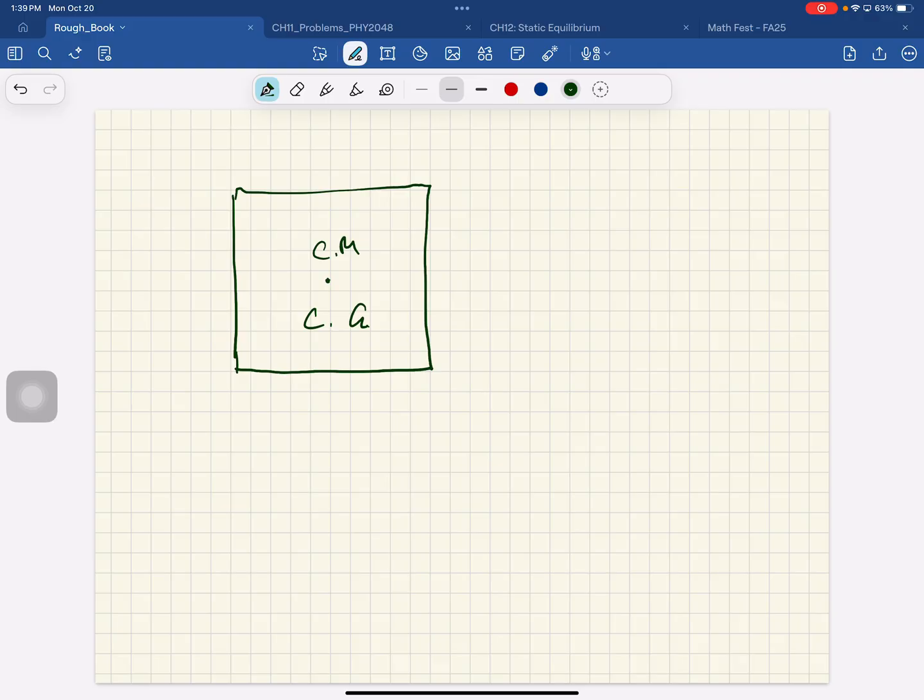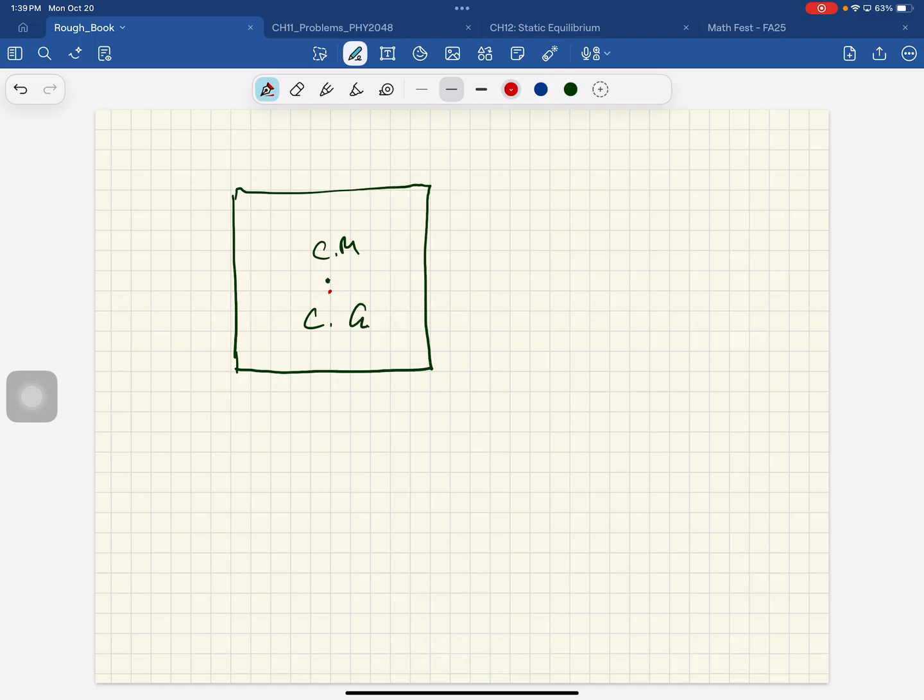Now, if it were a huge plate, let's say the size from here to Jacksonville, and you stand it on its top, then its center of gravity might be slightly lower.